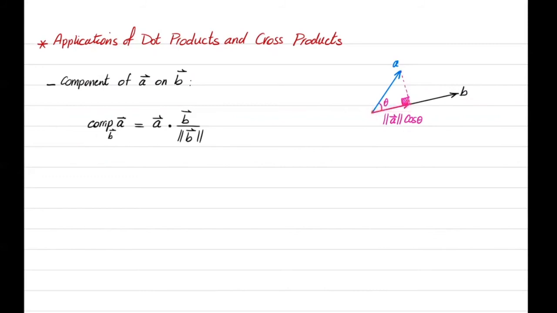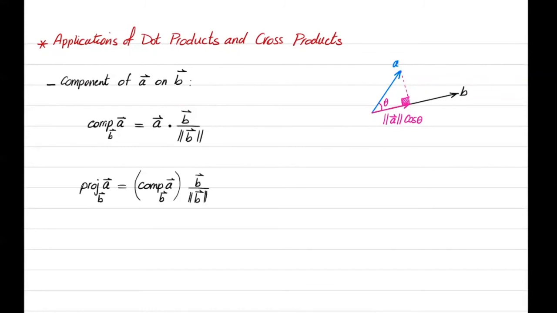But what if we want to find this vector itself? Then we need the projection. So the component of vector A on B is this magnitude, but the projection of A on B is this vector, which is defined as: projection of vector A on vector B is equal to the magnitude of the vector, which is the component of A on B, and now we need a direction for this magnitude.